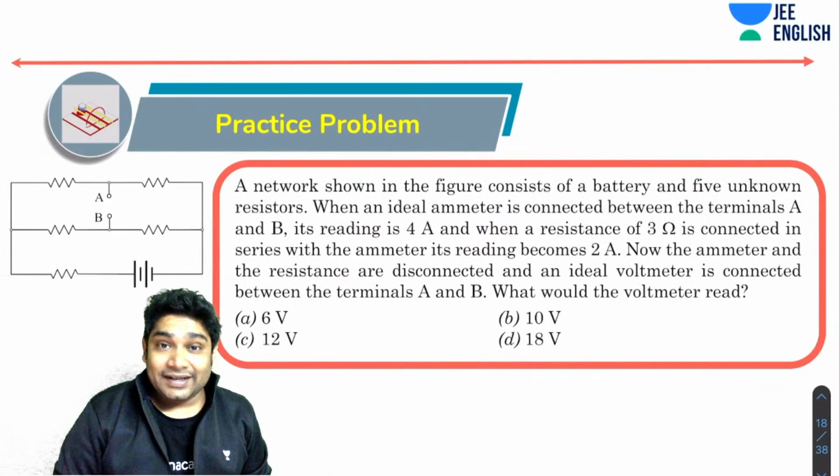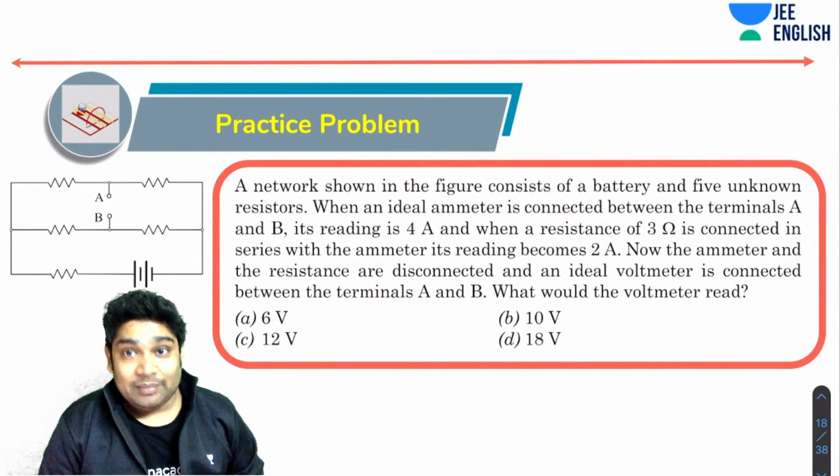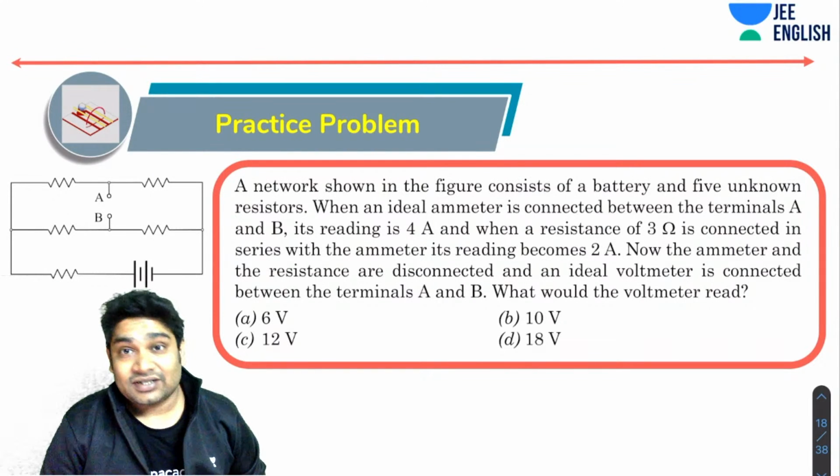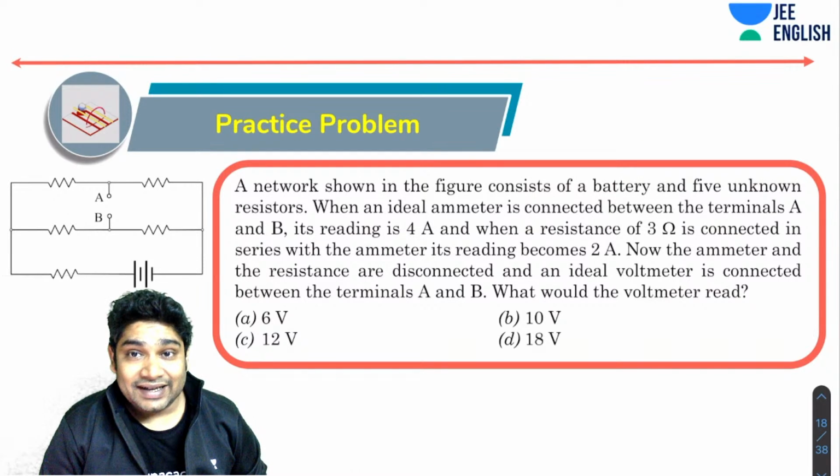All right. So here is another question. Now, this can be very, very tricky. This question tells you that a network shown in the figure consists of a battery and five unknown resistors. And you've been told when an ideal ammeter is connected between the terminals A and B, its reading is 4 amperes.